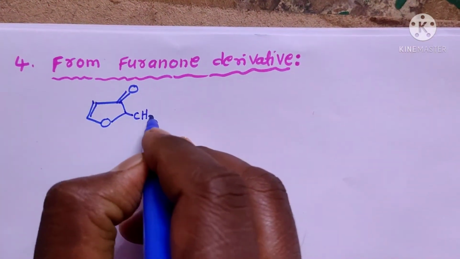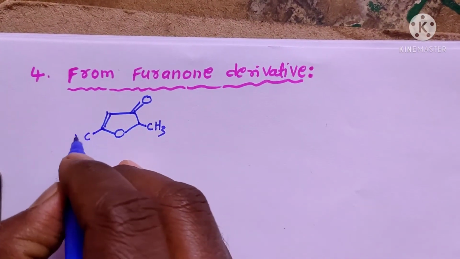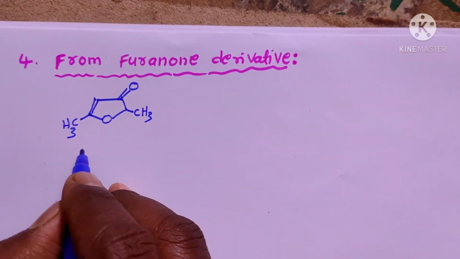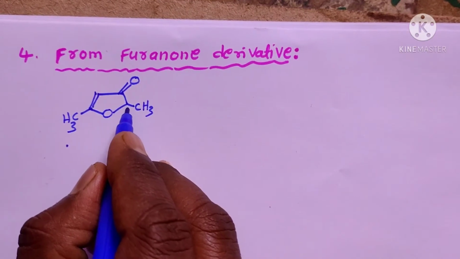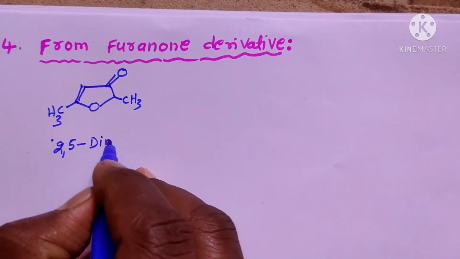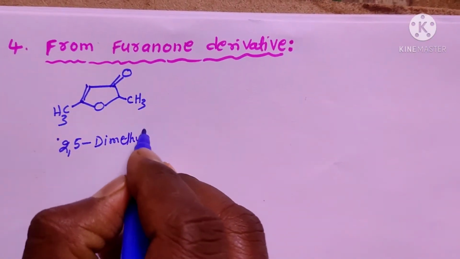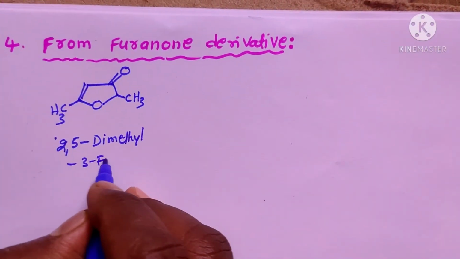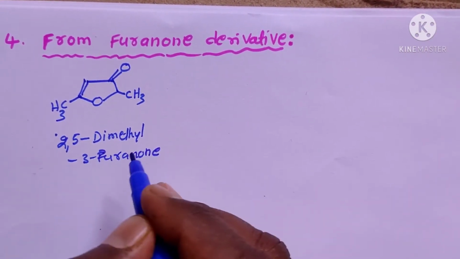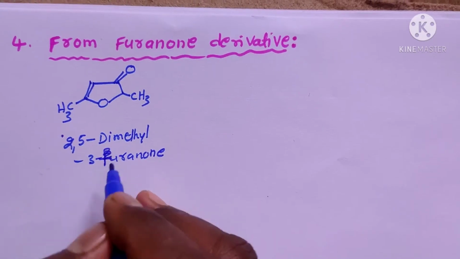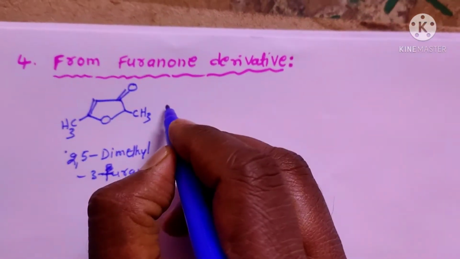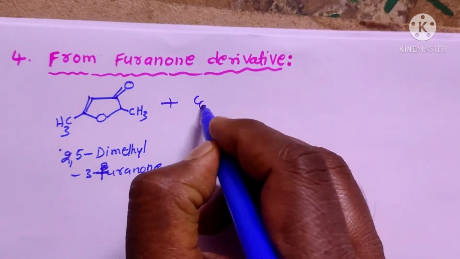Here we put one methyl group and here another methyl group, then it becomes the 2,5-dimethyl-3-furanone. It is treated with the benzene diazonium chloride.